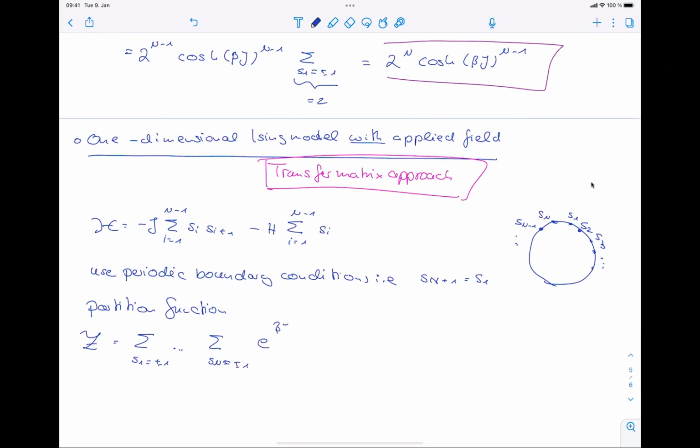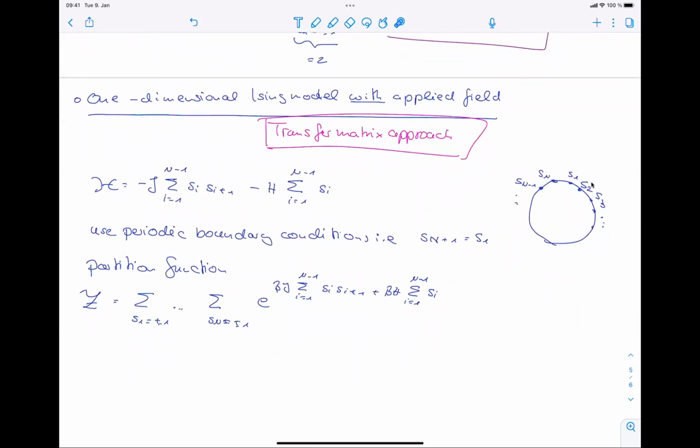And now we have here beta J. The trick I want to do is to write this as a single sum, where I only have Si and Si plus 1 popping up.